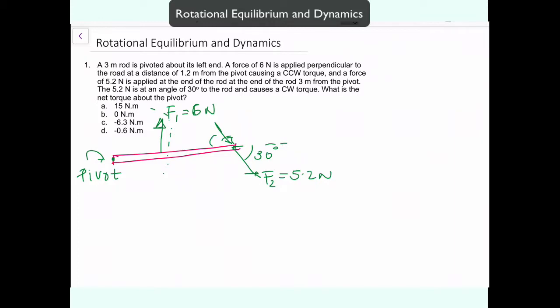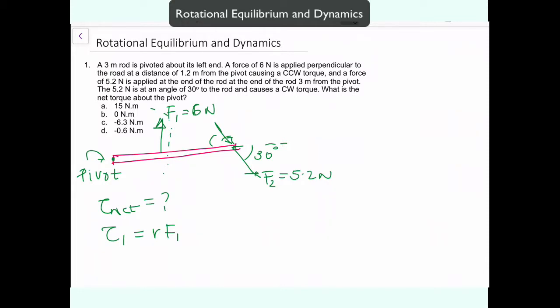So now the question is, what is the net torque? What is tau net? You can see all your given parameters. To find net torque, the first thing you need to do is find torque 1. For torque 1, you can simply apply R times F1, because we already know the direction.